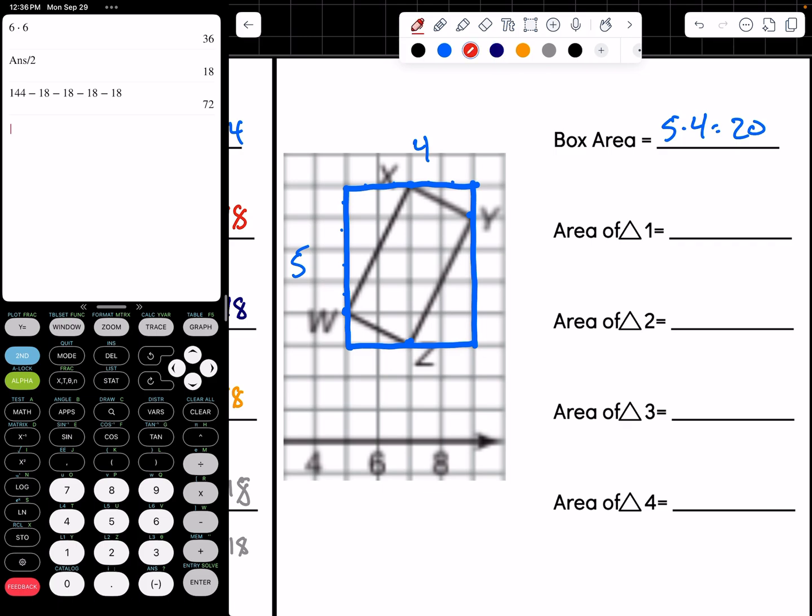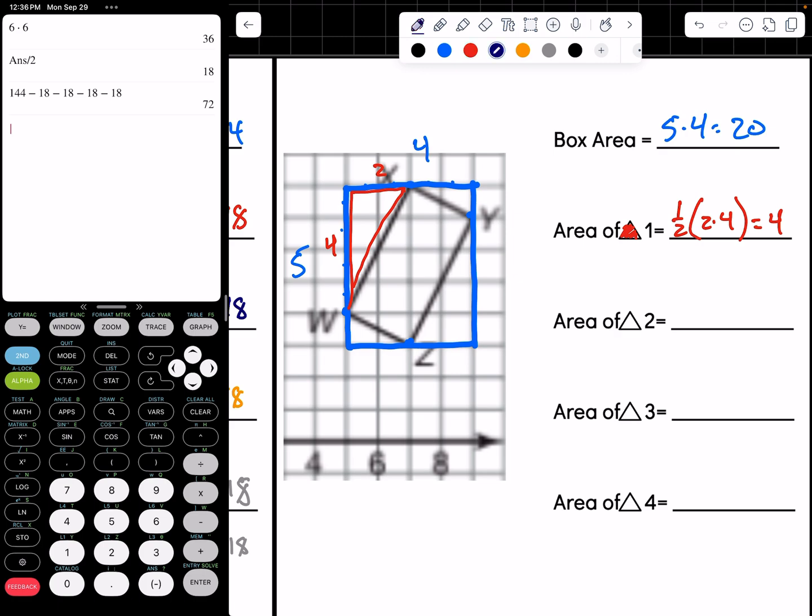The area of box number 1, our red box: we're going to go up 1, 2, 3, 4. We're going to go to the right 2. So we're going to have 1/2 times 2 times 4 equals, well, those 2's cancel out, so we're left with 4.